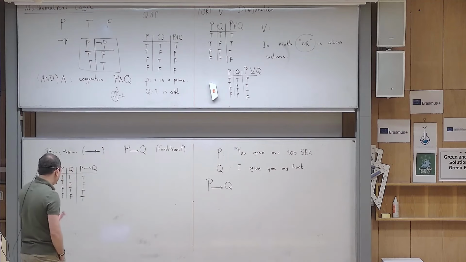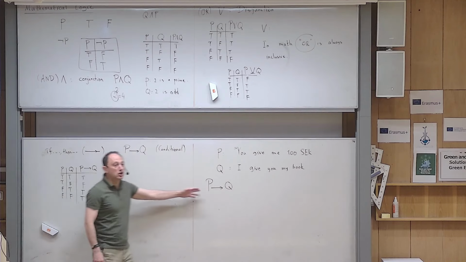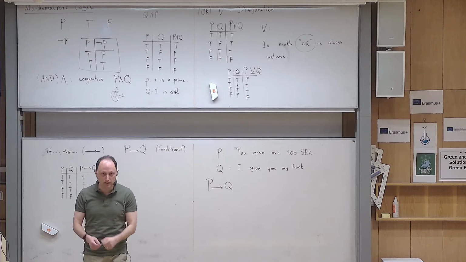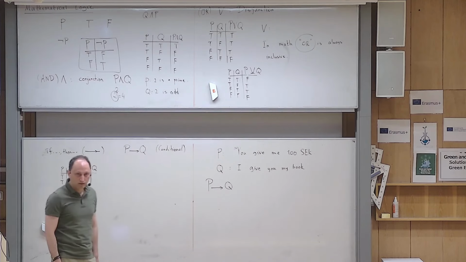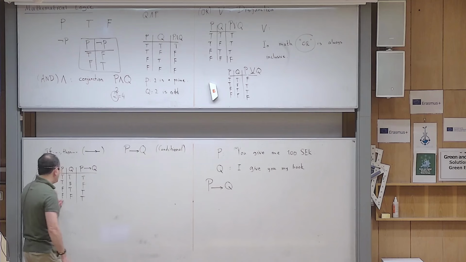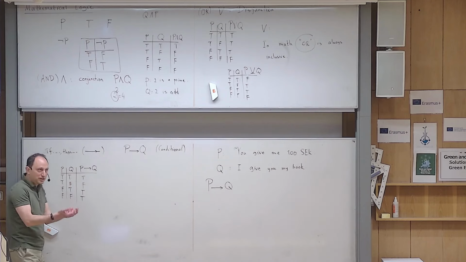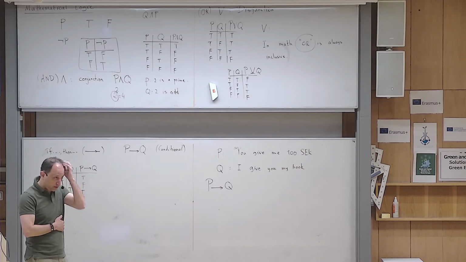Our agreement is not violated, because our agreement was based on you giving me 100 crowns and me giving you my book. So if you don't give me 100 crowns and I don't give you my book, there is no violation of our agreement. So it should be true.